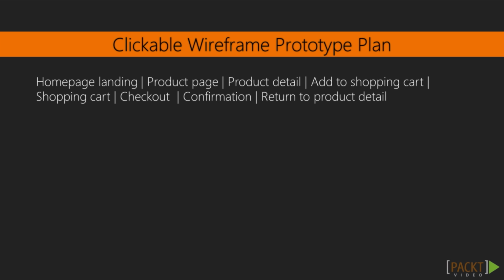Let's make sure our user explores the website in this manner in order to explore the system. Just like we observed our user, let's go from the homepage landing to the product page to the product detail to adding to a shopping cart to checking out to confirming and then to returning to product detail.